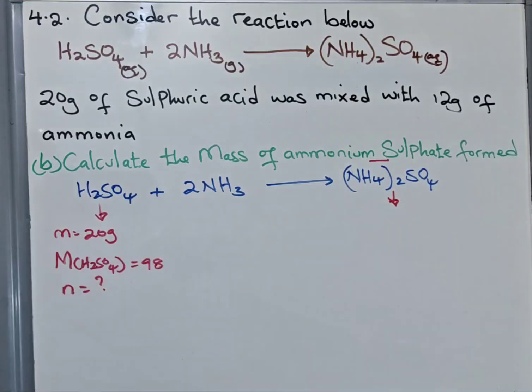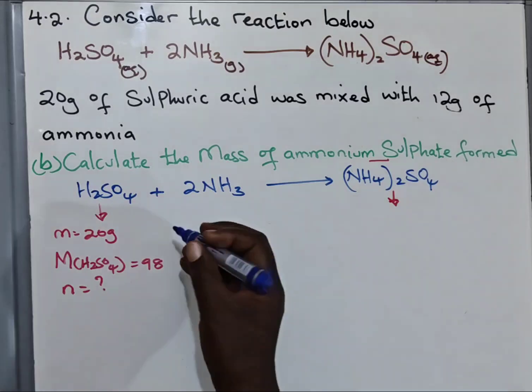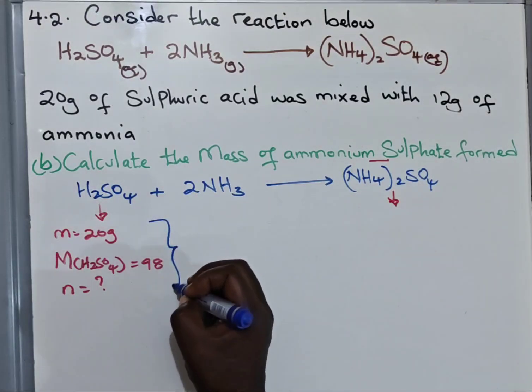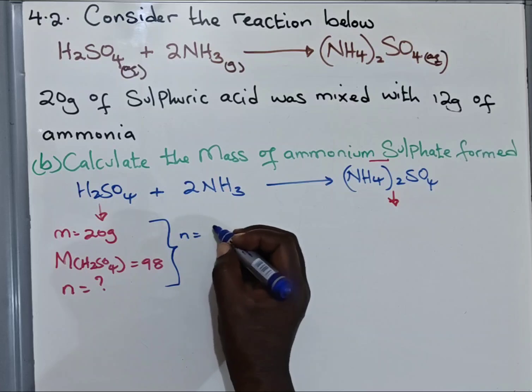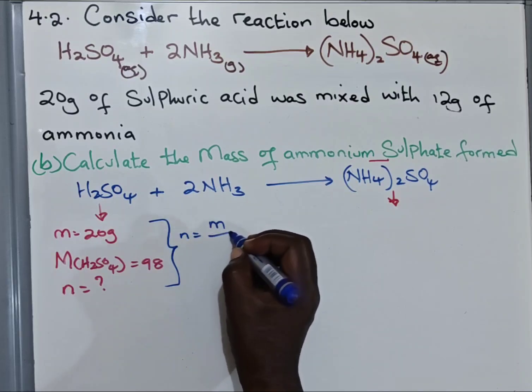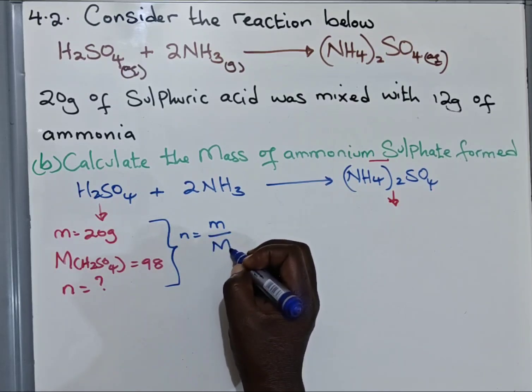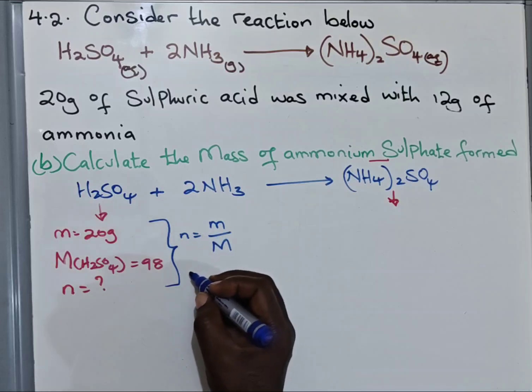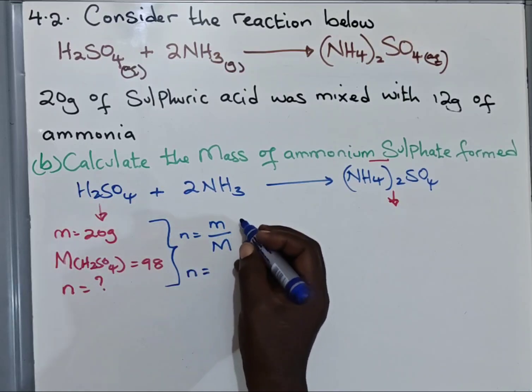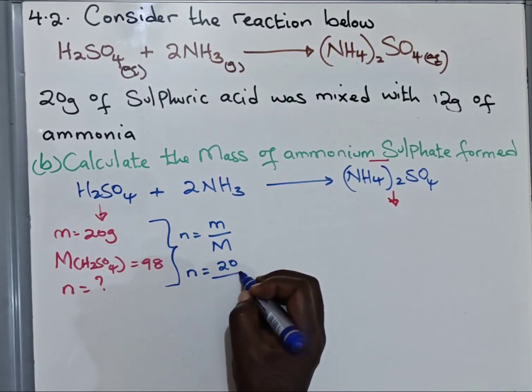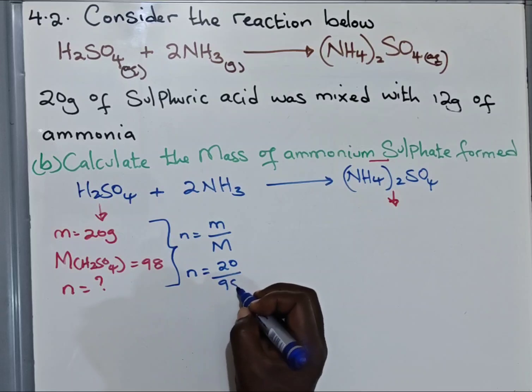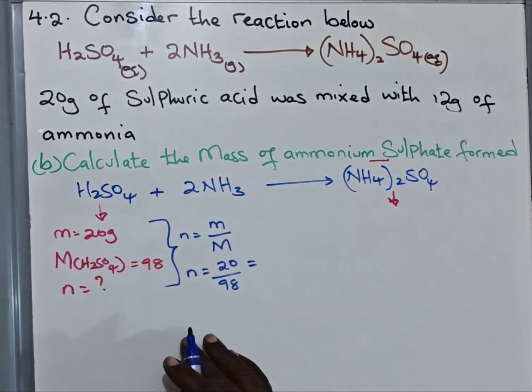Using what equation? We can use the equation which is number of moles is equal to mass over molar mass. So in this case, the number of moles, what's the mass? 20 grams. What's the molar mass? 98. Here we have the number of moles.